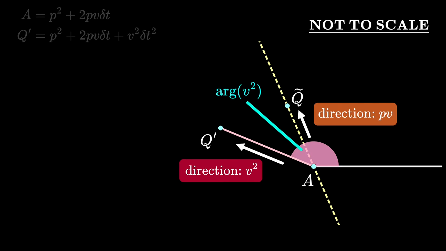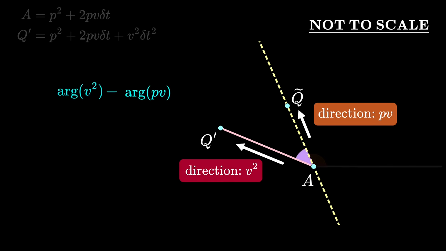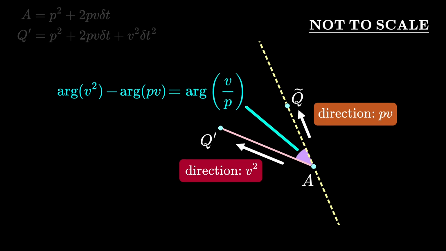The larger angle is precisely the argument of the complex number v squared, and the smaller angle is the argument of pv. So this angle is the difference of the arguments. From the operations of complex numbers, it is the argument of the quotient of these complex numbers, which is the argument of v over p.